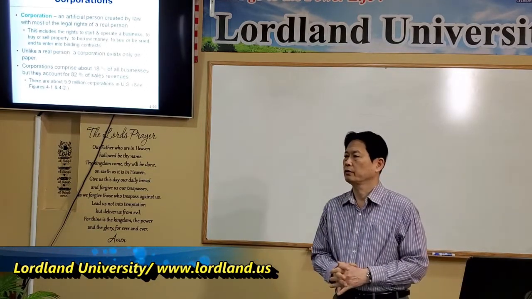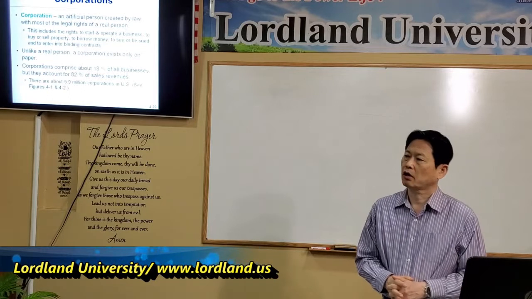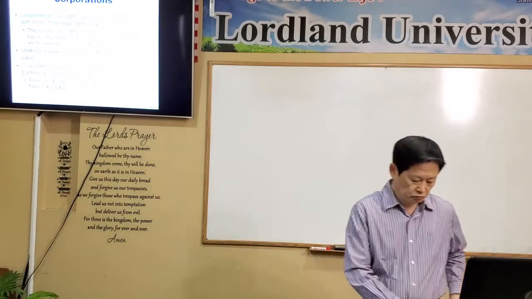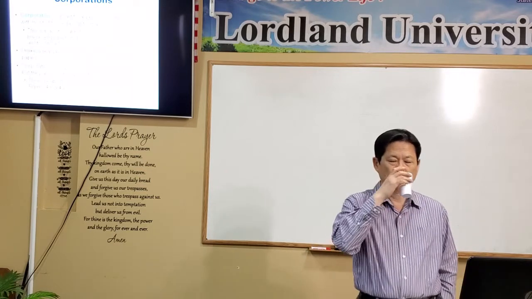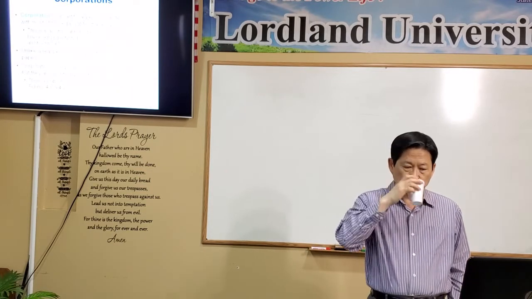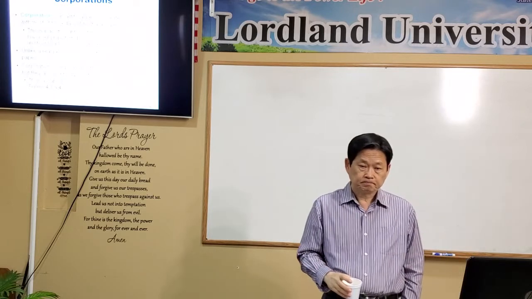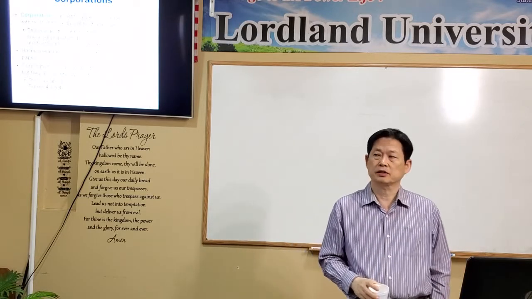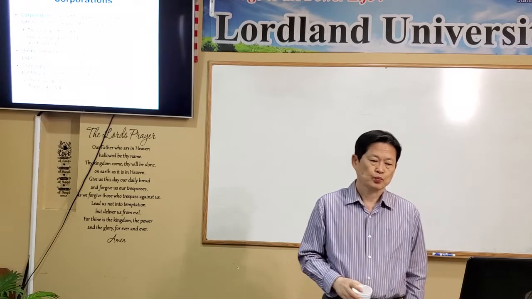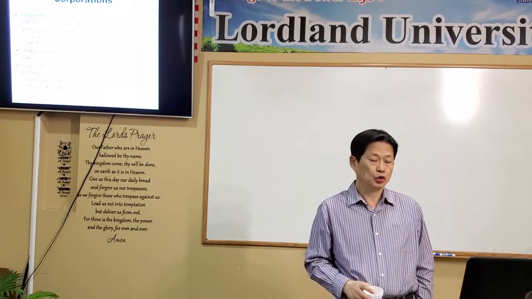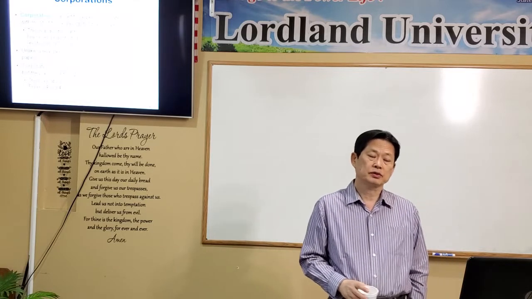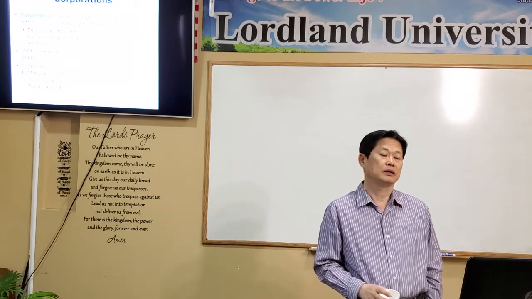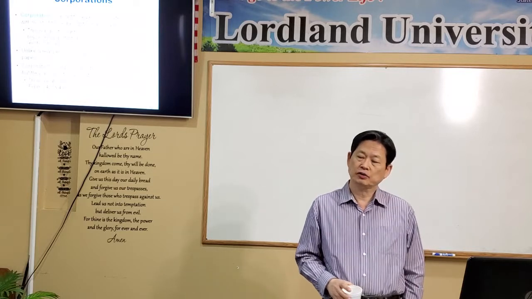Third form of business is corporations. What is a corporation? There are two types of persons: the natural person, just like you, and the other type, the legal person or artificial person.